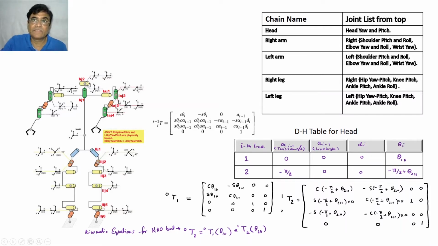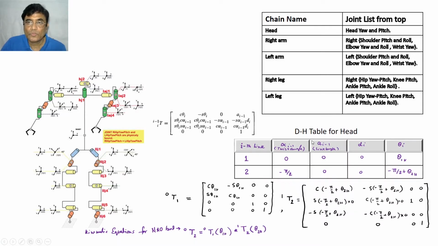Wherever you can see the joint, the Z axis has to be assigned in that direction. In the direction of the link length, the X axis will be attached, and the Y axis will complete the orthogonal coordinate system that you know. And this is the same transformation matrix between any two links i and i minus 1.